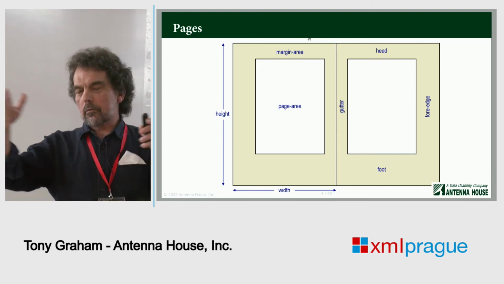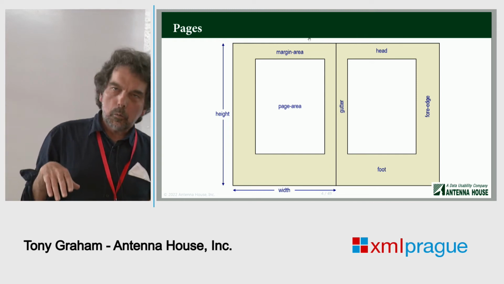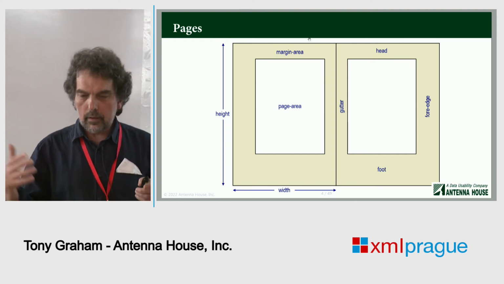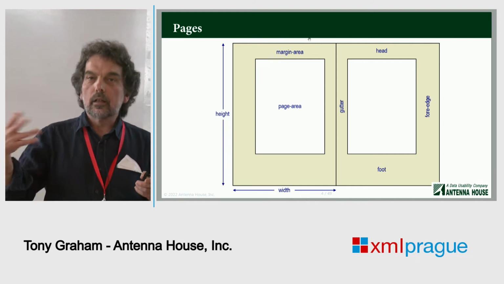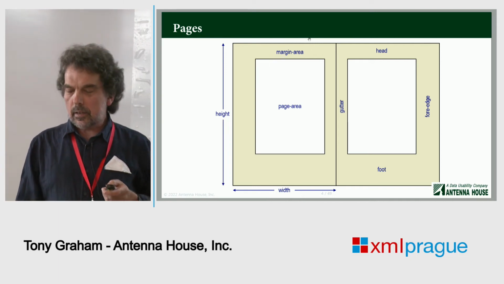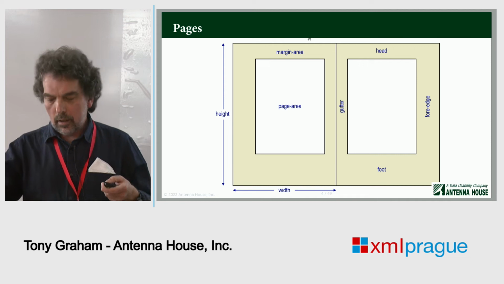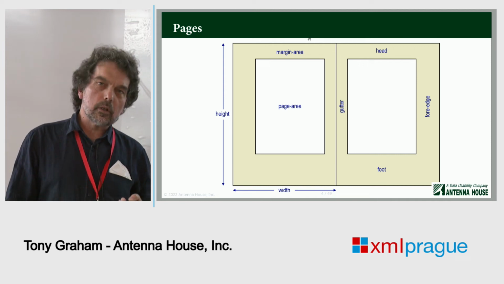In your browser, your page is the width of the window for the most part, and for the most part it just extends as far as necessary. In page media you have page breaks, and as we'll see, you want to control those page breaks.